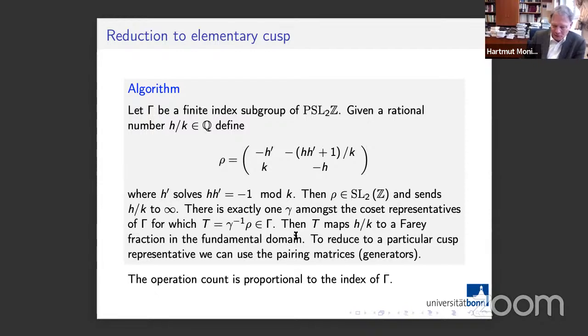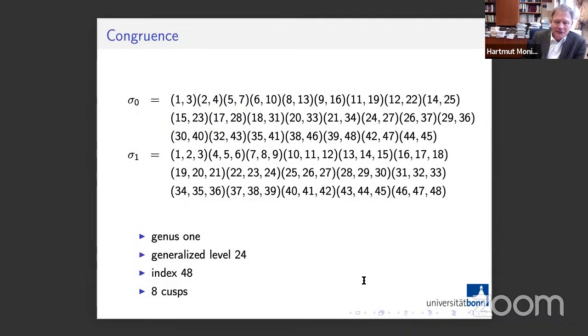And then you have found a unique cusp which corresponds to H over K. The operation count for this is basically the index of gamma, right, because you have to find the matrix gamma to the minus 1, which is in the coset. Once you do that, you can look at the difference between congruence and non-congruence subgroups.